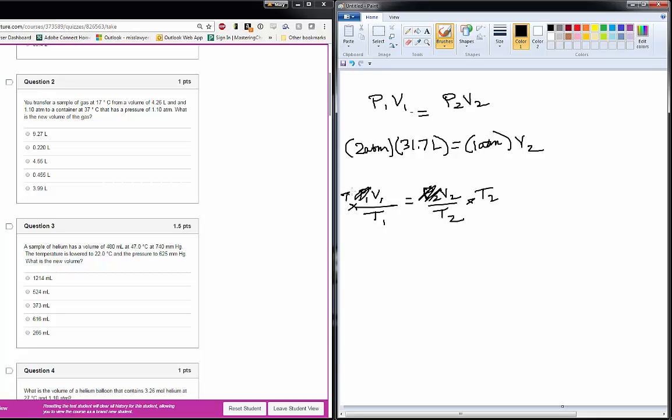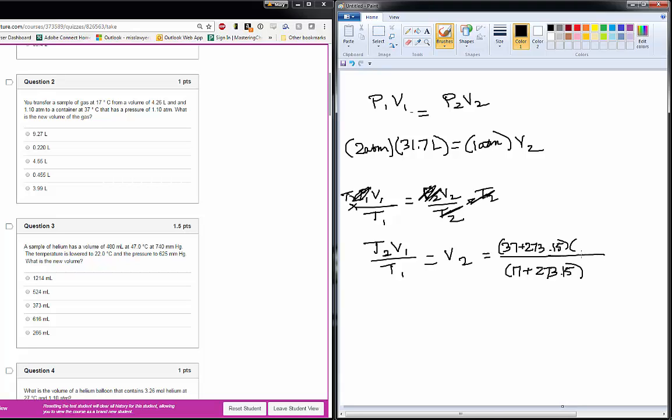So that cancels, and we see that T2V1 over T1 is equal to V2, and I do need to convert these to Kelvin. So if my initial temperature was 17 degrees Celsius, goes on the bottom, that's 17 plus 273.15. My final temperature is 37, that's going to be 37 plus 273.15.